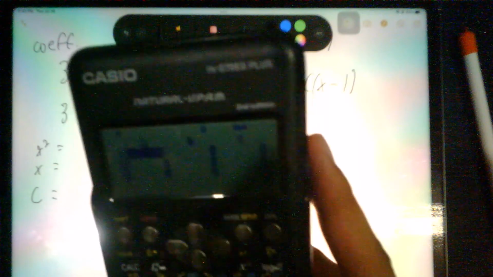Let's say a here, the value of x squared.